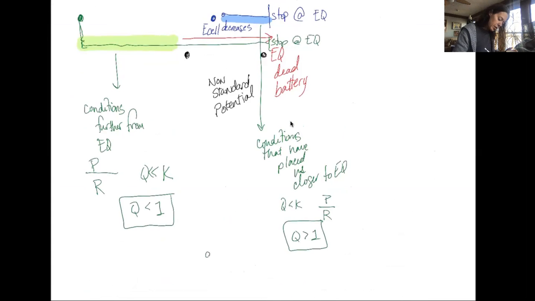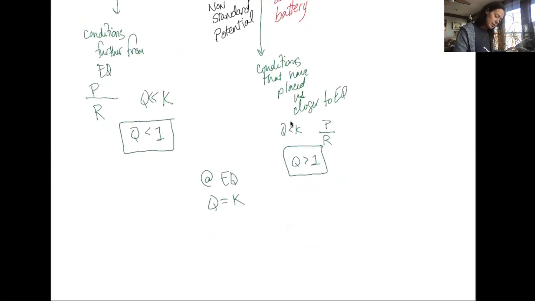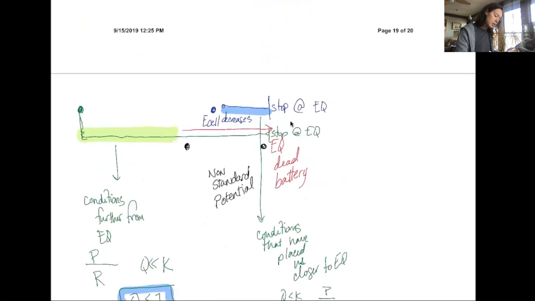And at equilibrium, remember that at equilibrium, Q will equal K. And at equilibrium, K will be greater than 1 because this is spontaneous. So if Q is less than 1, you are naturally further away from equilibrium.